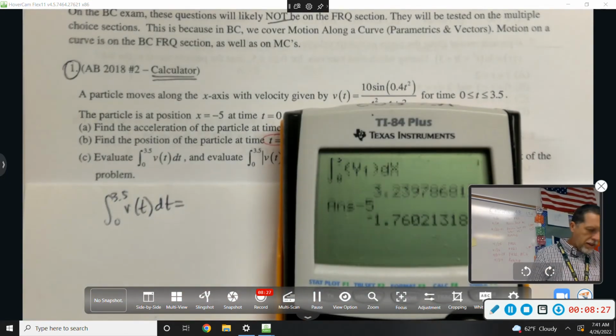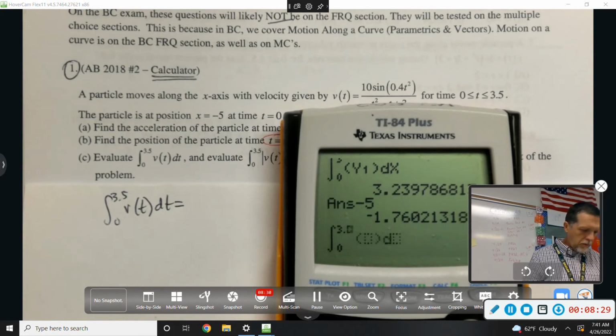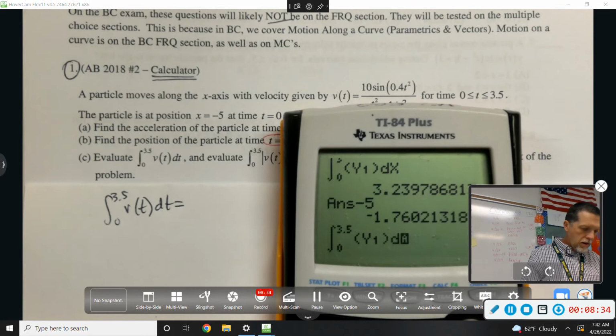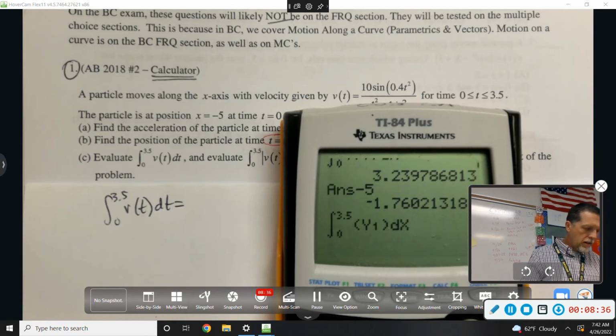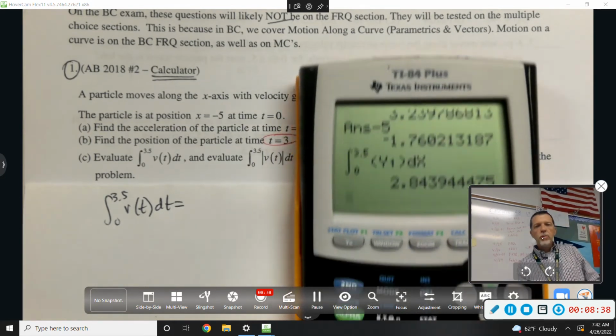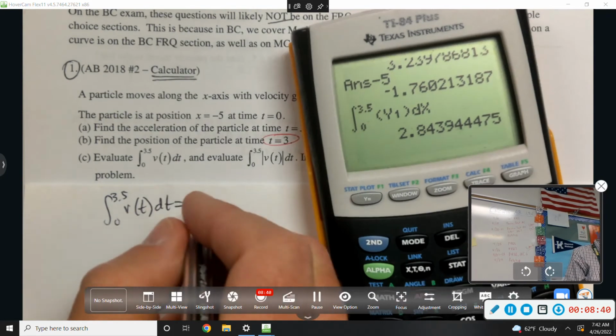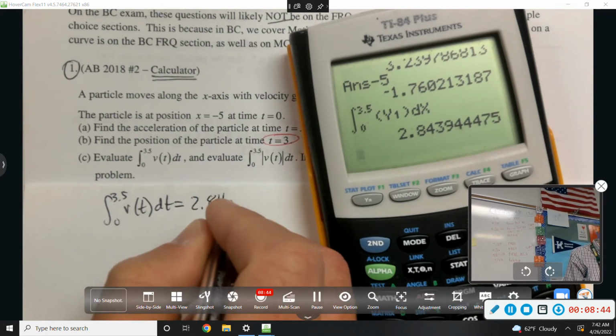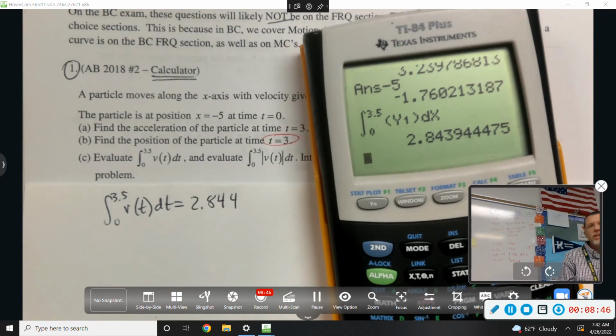So another math 9, 0 to 3.5. So 2.844. That was without the absolute value.